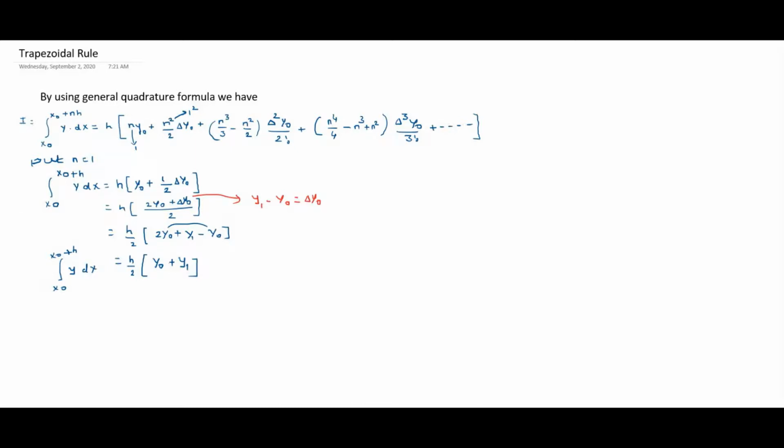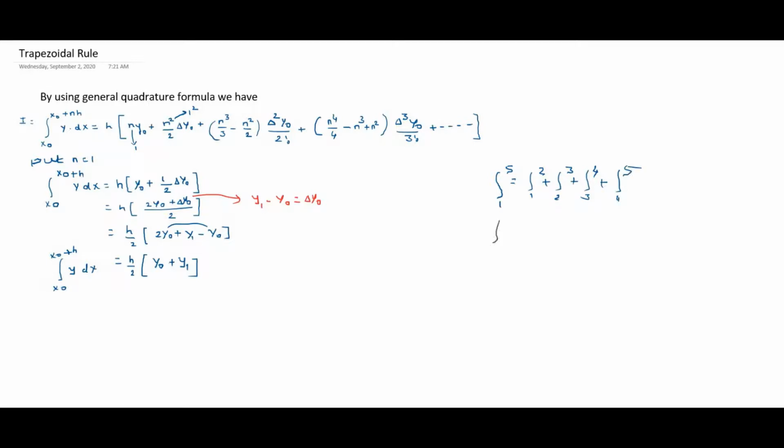So as we know that if we have integration 1 to 5, we can also write it as integration 1 to 2 plus integration 2 to 3 plus integration 3 to 4 plus integration 4 to 5.